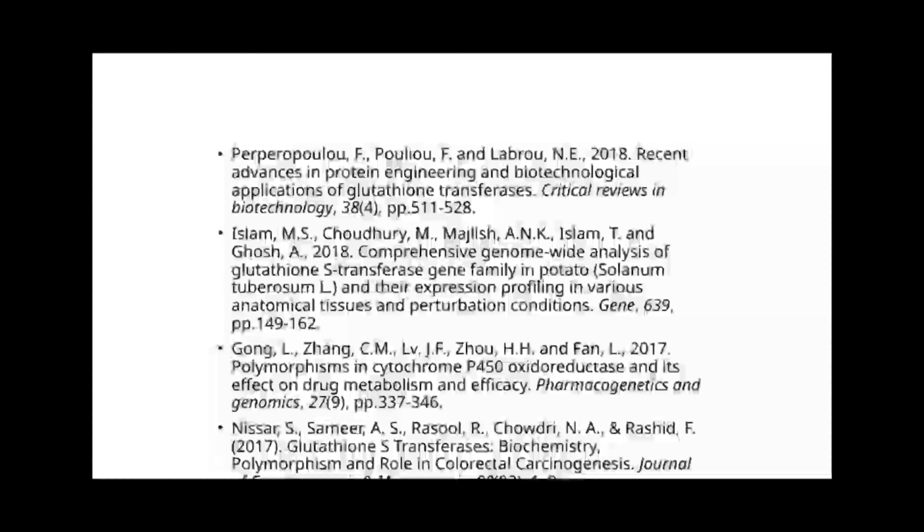They discussed how these enzymes' biochemistry and genetic variability might affect cancer development and progression, highlighting their potential as biomarkers or therapeutic targets. Altogether, these studies underscore the interconnected roles of these enzymes in health, disease, and biotechnology, reinforcing the overarching theme of our presentation. Understanding enzyme functions and their applications can lead to significant advances in medicine and agriculture.